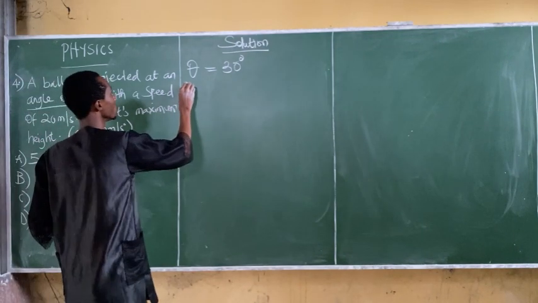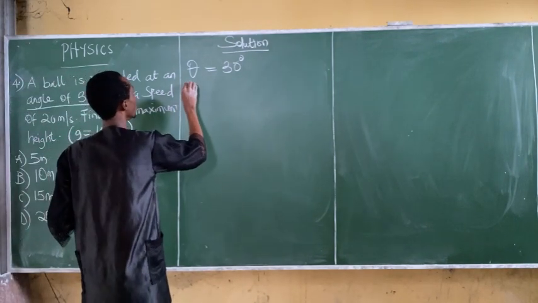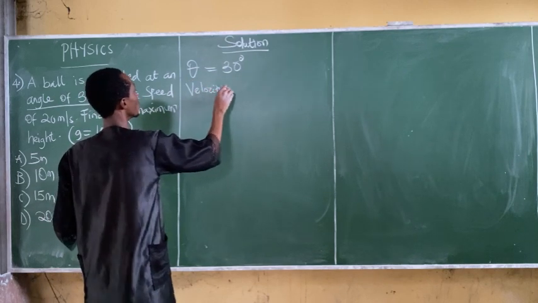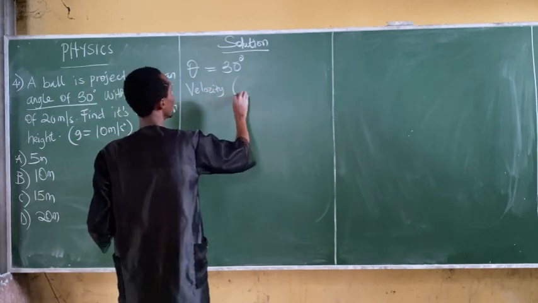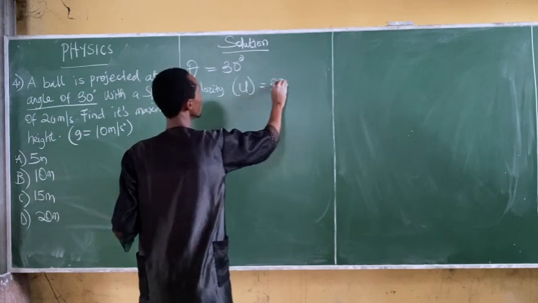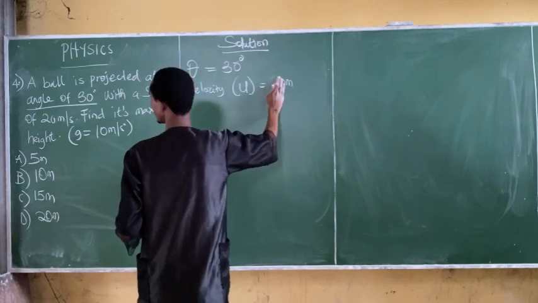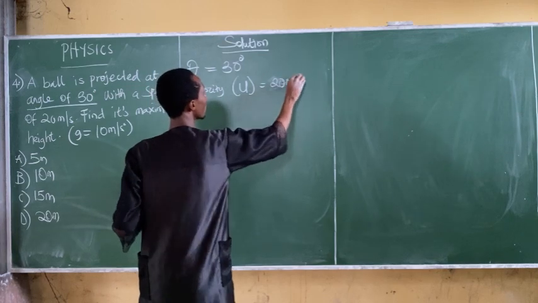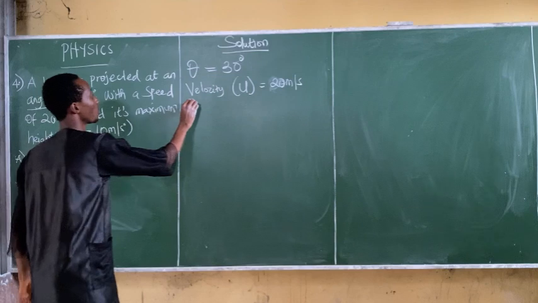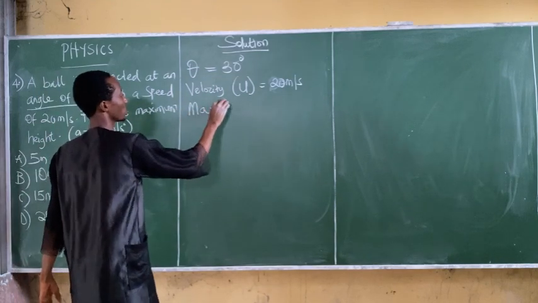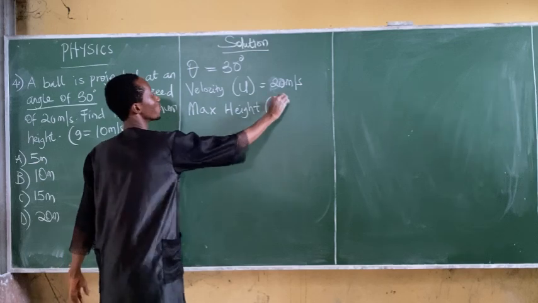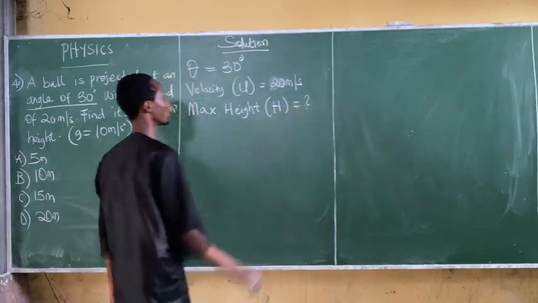So we have velocity to be 20 meters per second. They want us to find its maximum height. So maximum height h is unknown.